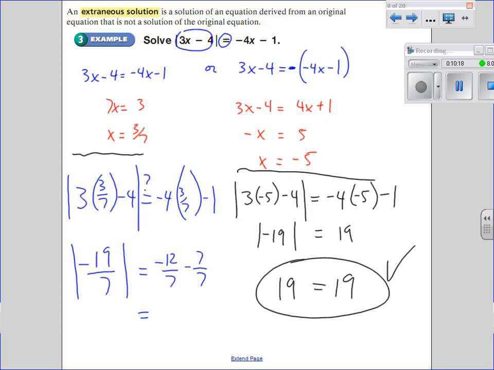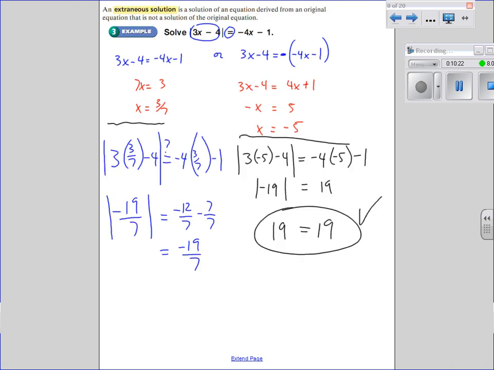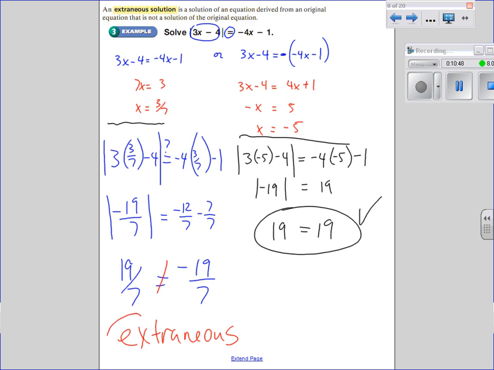So again, I get negative 19 over 7. But this is absolute value here on the left. So the absolute value of negative 19 over 7 is 19 over 7. And 19 over 7 is certainly not equal to negative 19 over 7, so this is extraneous. Extraneous.